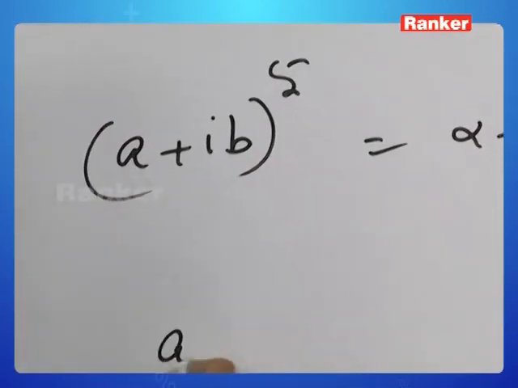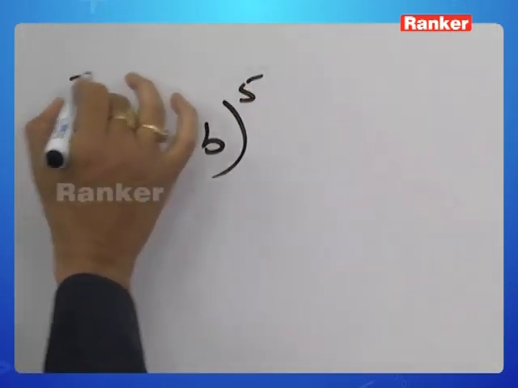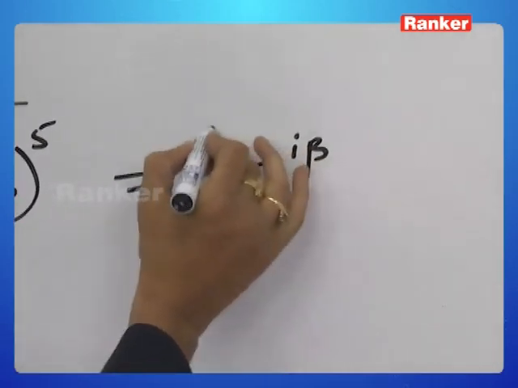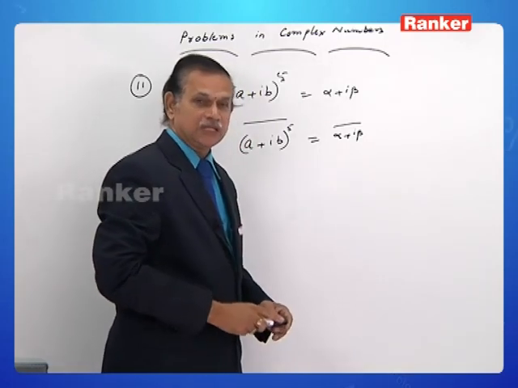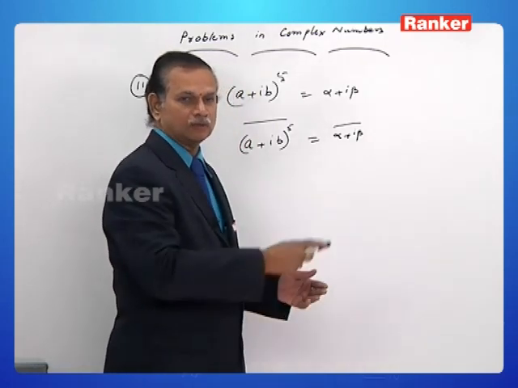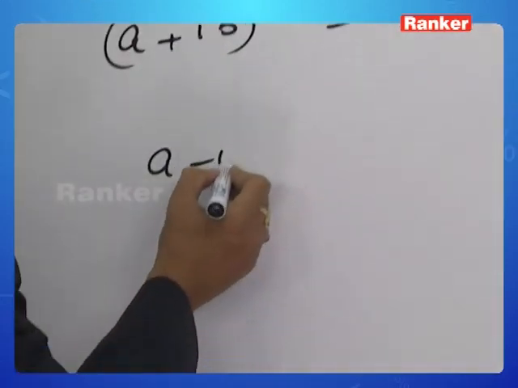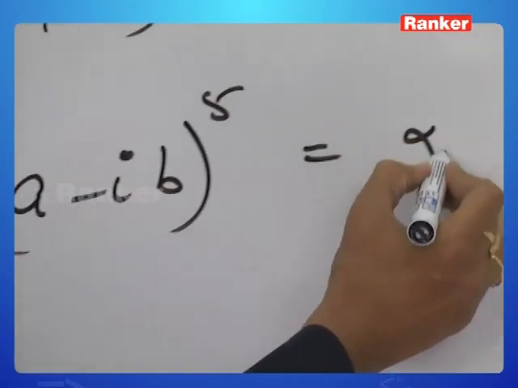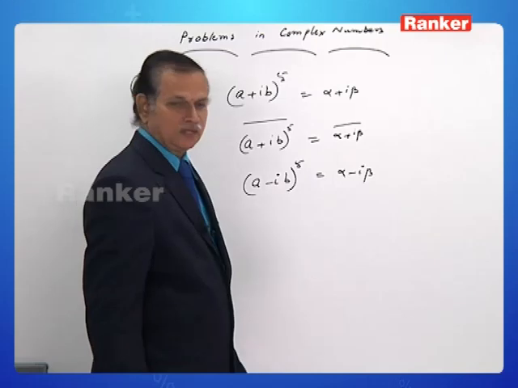Therefore, the conjugate of (a + ib)^5 is equal to the conjugate of alpha + i beta. That is, I could have taken the complex conjugates on both the sides. What happens? This is nothing but (a - ib)^5 is equal to alpha - i beta. Isn't it? Okay.